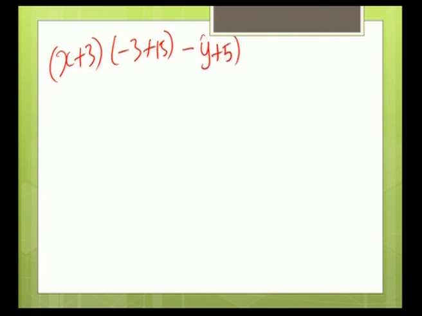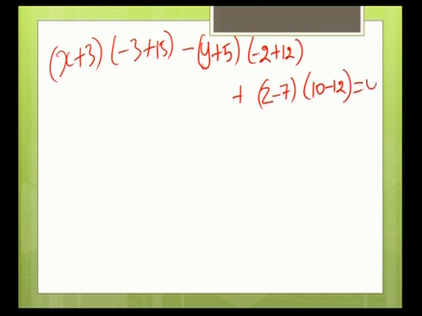If we simplify that determinant, we will proceed like this: x plus 3 into minus 3 plus 15, minus y plus 5 into minus 2 plus 12, plus z minus 7 into 10 minus 12 is equal to 0.